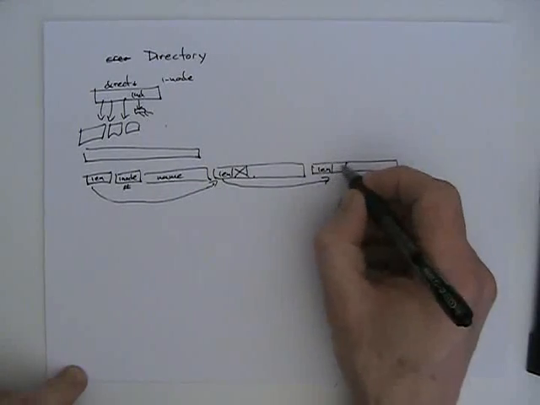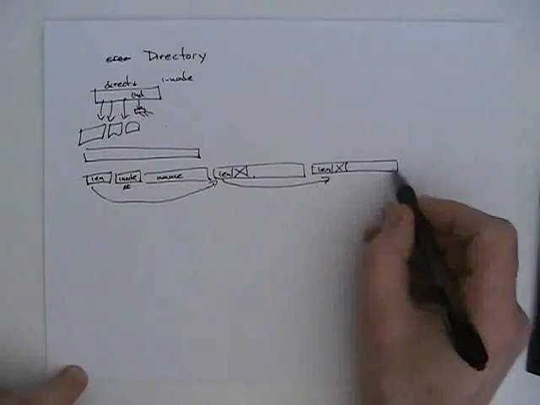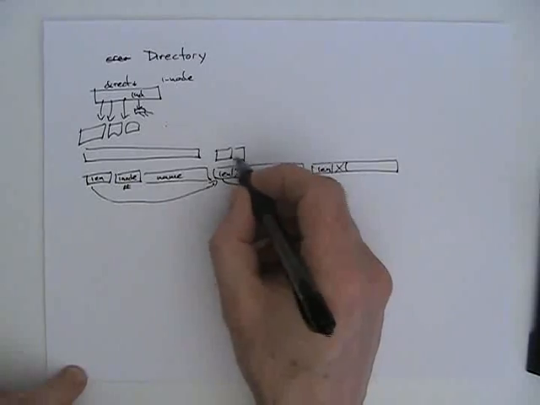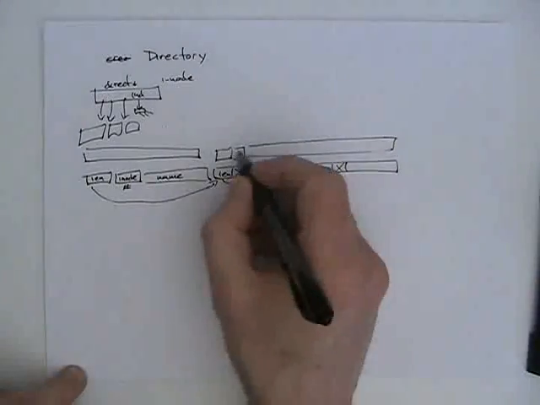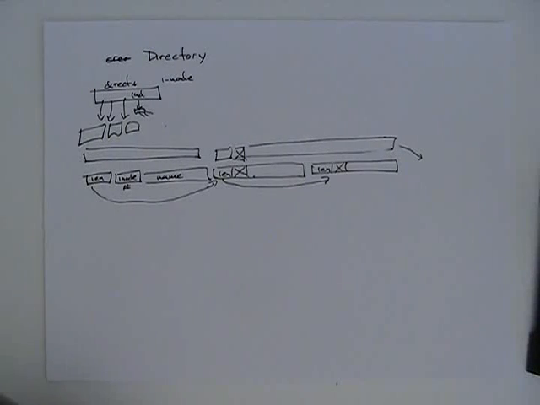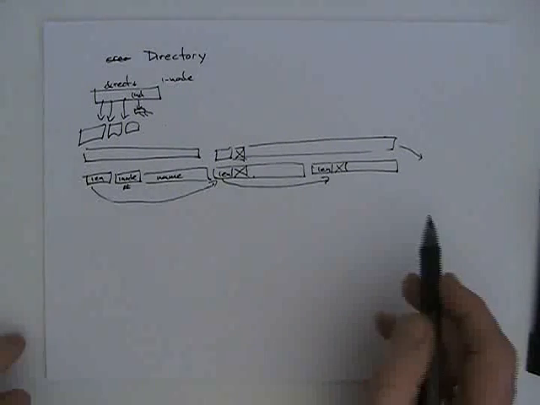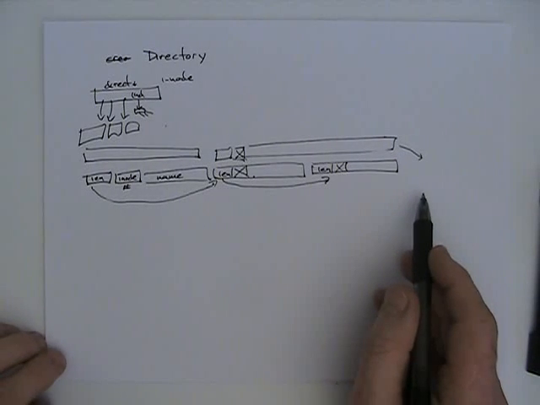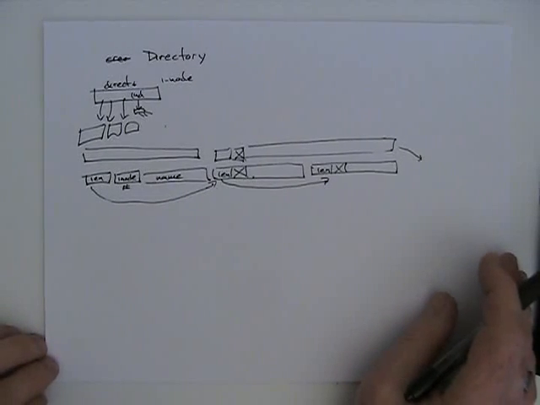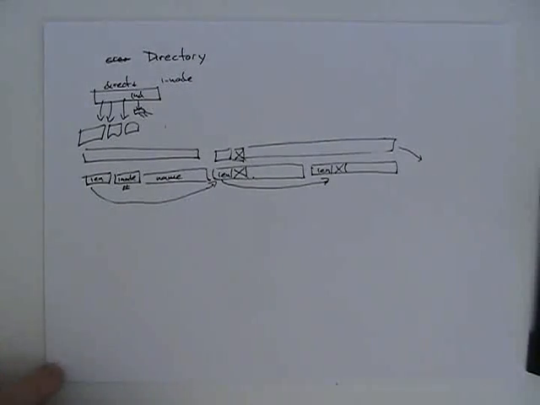We should also check to see, if we have two deleted entries, we can coalesce them. So it turns out this starts looking very much like a memory allocator. It's in fact a little bit of a pain to keep a directory for a file system with variable length names, but this was the approach in the fast file system. It's the approach in ext2 through ext4.